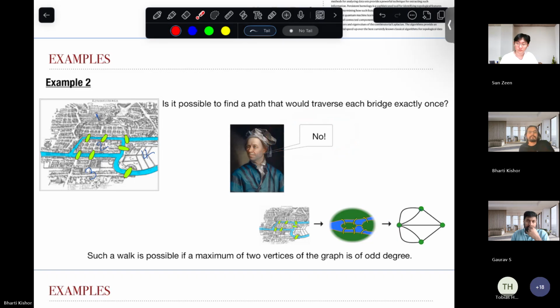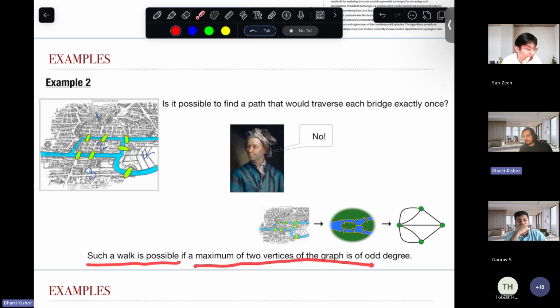cannot do it. So basically, you can take this problem and abstract it out as a graph problem, where these cities, there are 4 of them, let's say, or islands, and every bridge is an edge. And then he proved that such a walk is possible if a maximum of 2 vertices of the graph are of odd degree.